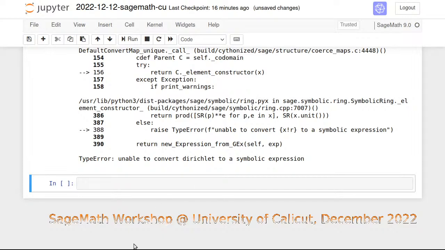Okay, that's not actually working. So I don't really see a way out of that problem. Defining the Dirichlet function is fine, but using it in symbolic operations like plot and all these things is the problem.